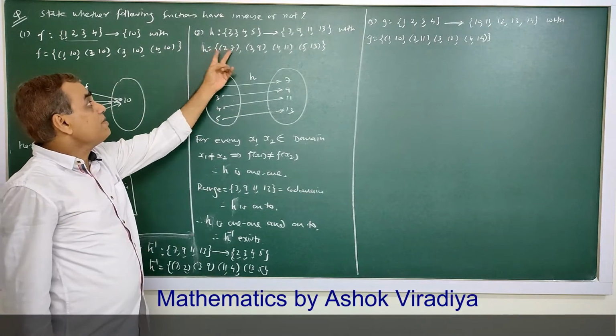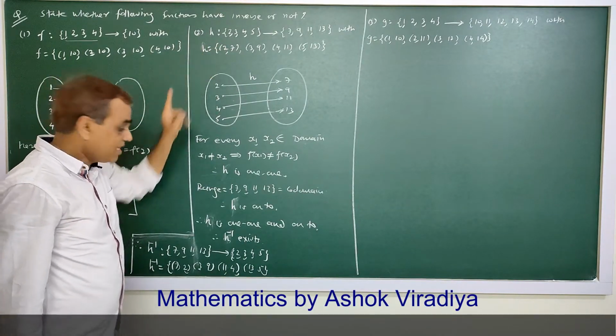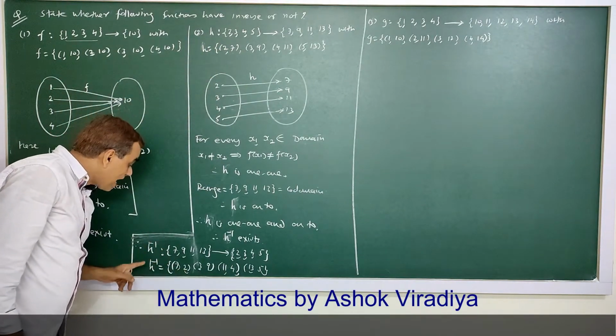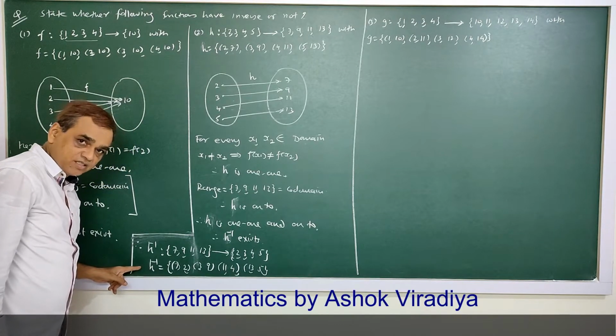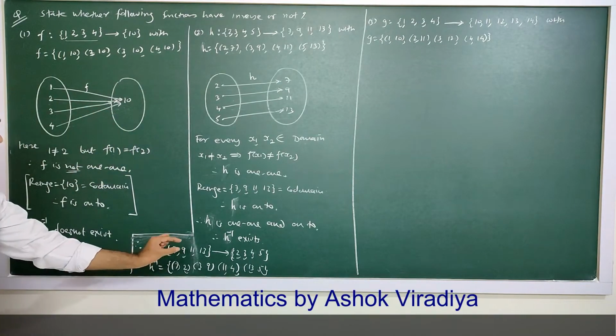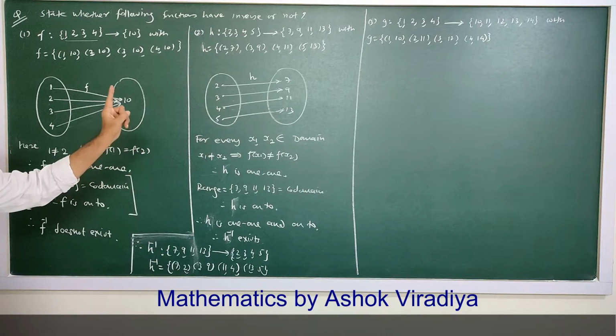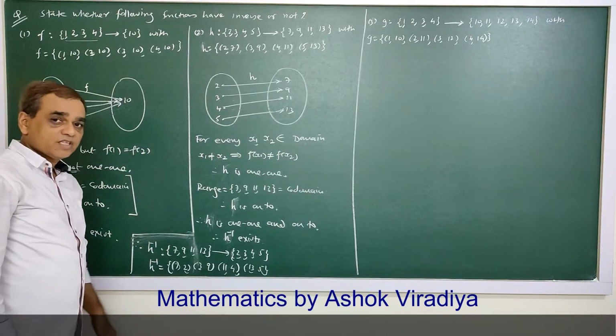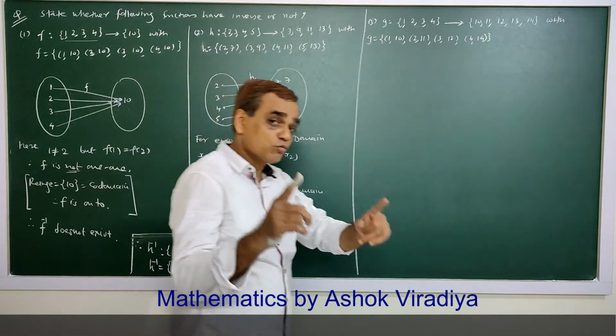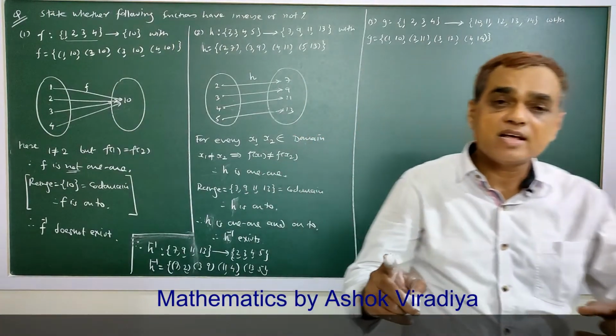So if (a, b) belongs to h, then (b, a) belongs to h inverse. So this is the inverse of the given function. If a function is 1-1 and onto both, then its inverse exists.